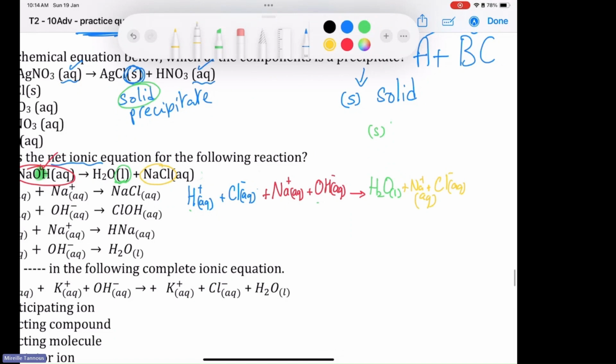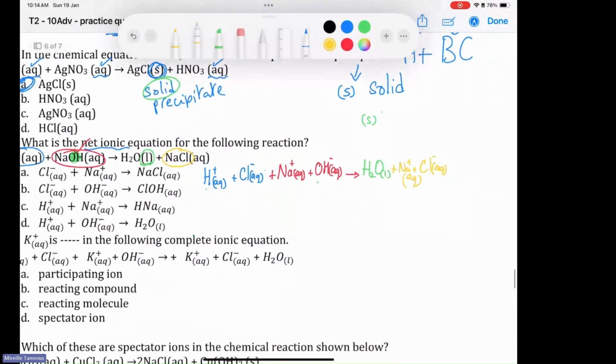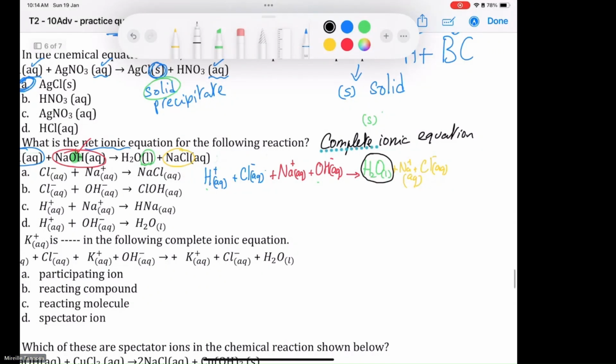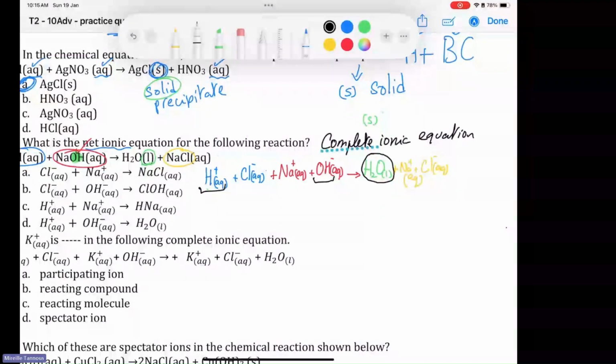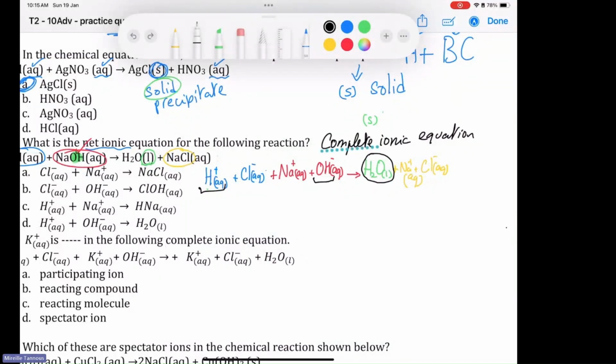Na plus and Cl minus. Okay? What I wrote right now is named the complete ionic equation, because I spread and split all the compounds and I am showing their ions, but I cannot do that to the liquid, solid, or gas. Now, the ions that are playing a role in forming the H2O are the ones that you write in the net ionic.